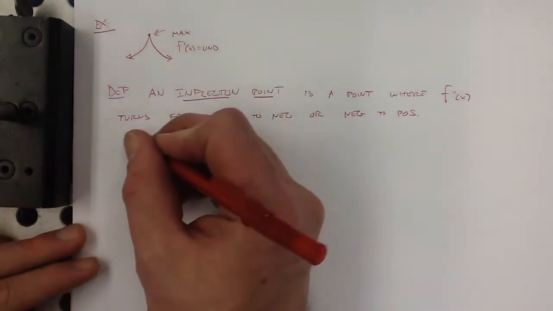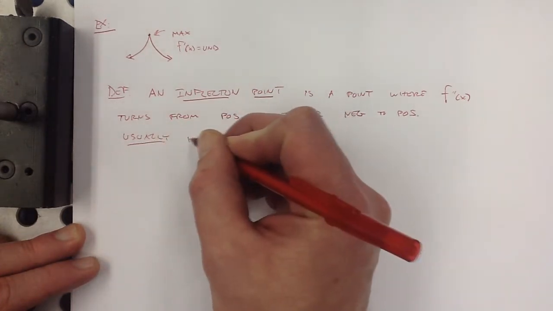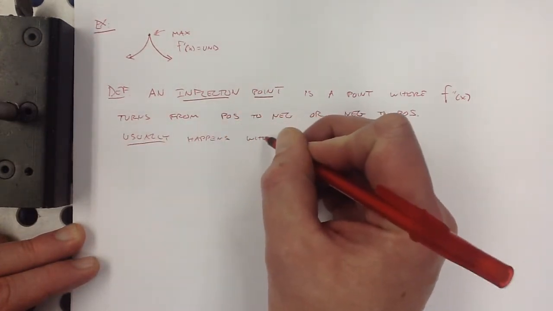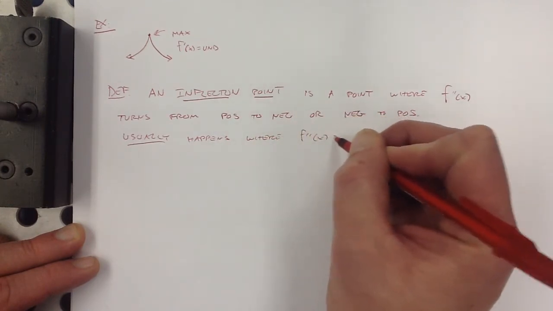Now, this usually happens where the second derivative is equal to 0.